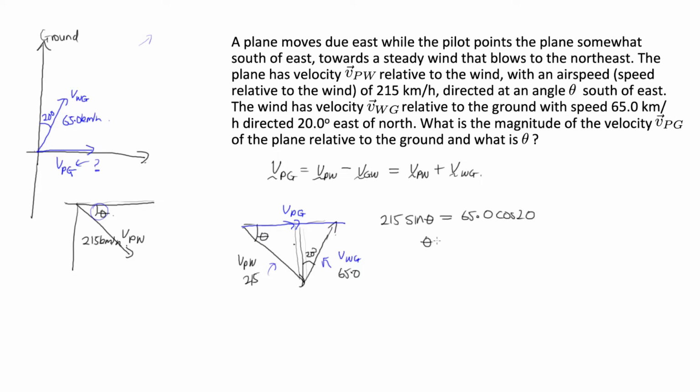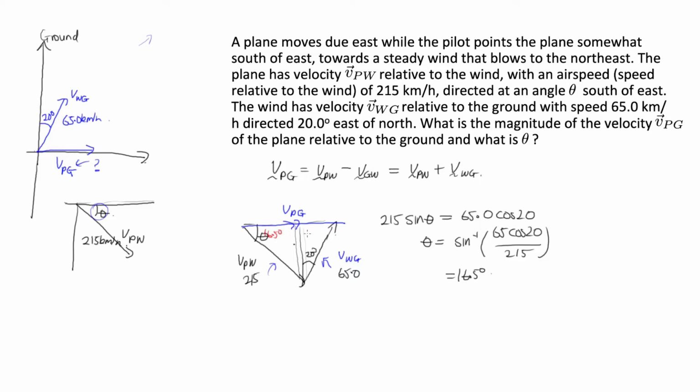So we can solve this for theta. It's the inverse sine of 65 cos 20 over 215, and when we solve that, we end up with 16.5 degrees. So now we know this is 16.5 degrees.